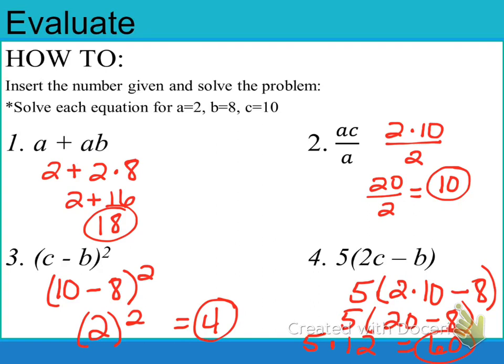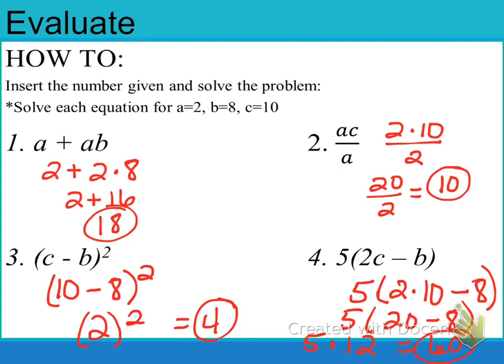The 2 A's cancel each other out. Yeah, because if we have 2 and 2, we could have just canceled that out and we would have just gotten 10. And this is an important skill. As a matter of fact, in the future, you're going to be able to do that. When you get into algebra, when you see an A on the top and an A on the bottom, you're going to cancel them out and your answer is just going to be C. That's one reason why we did that whole canceling process that I showed you.